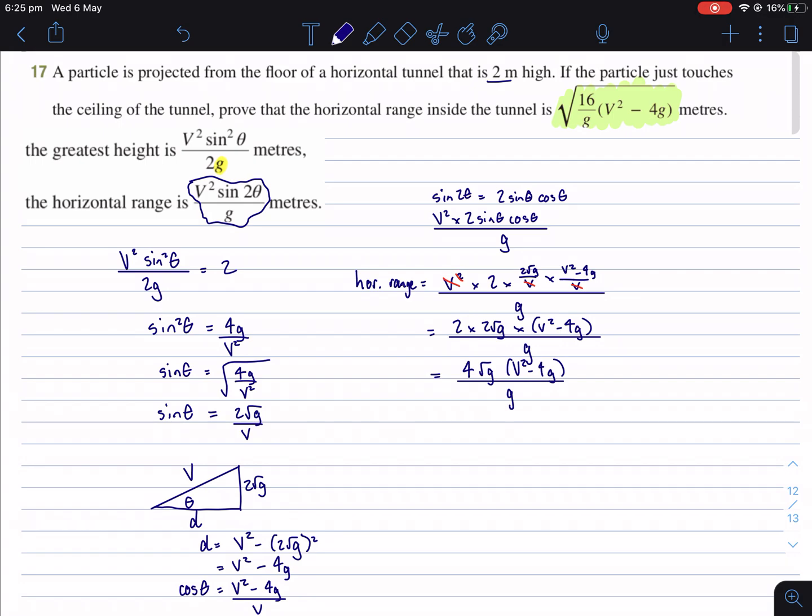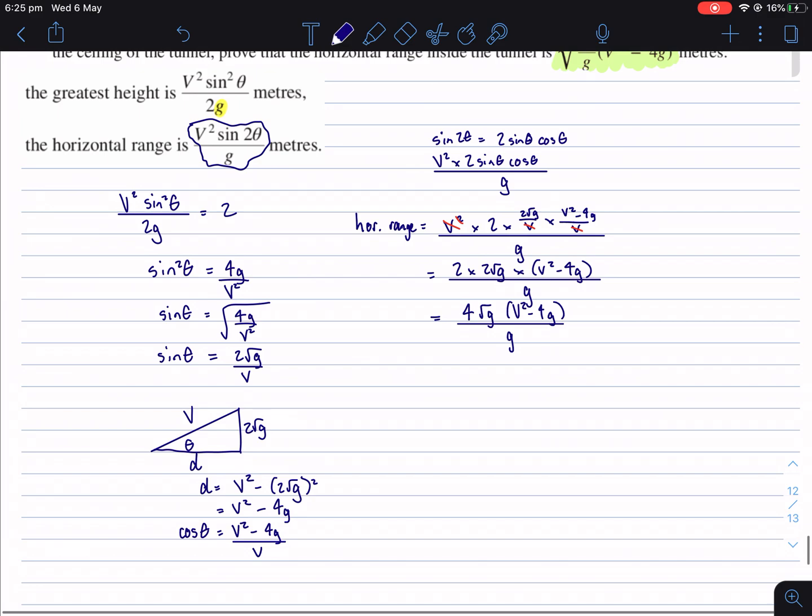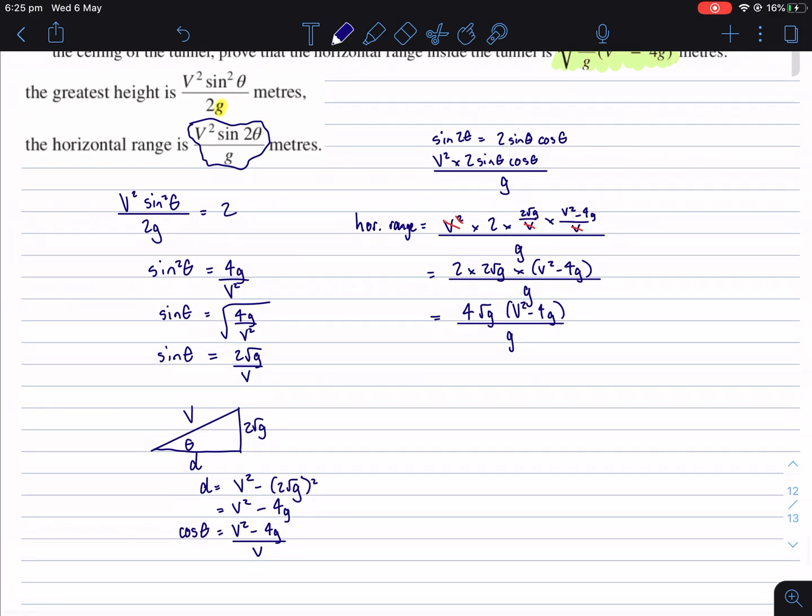But that doesn't look like I wanted. Oh, d squared equals this, so d is the square root of this. Okay. You were probably screaming at me, were you? Good.